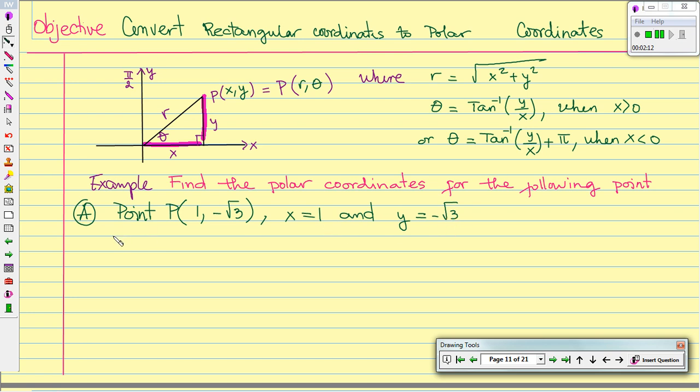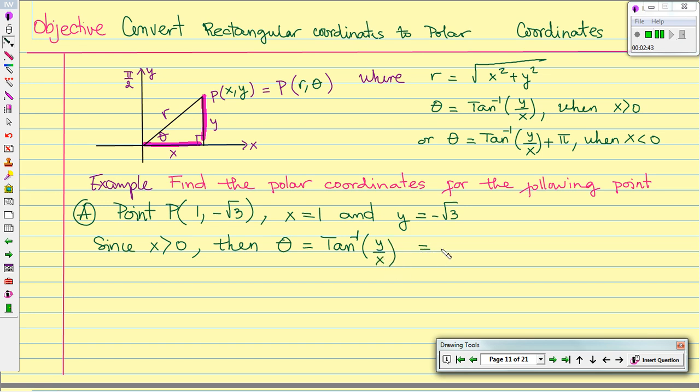So here we'll make a note that x is positive. Then we can go ahead and find the angle theta. We do inverse tangent of y over x.